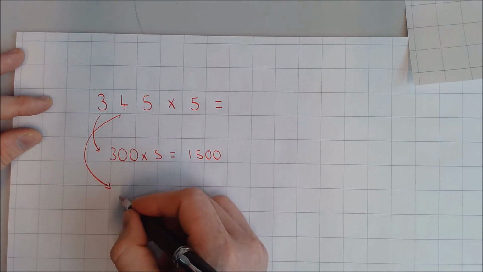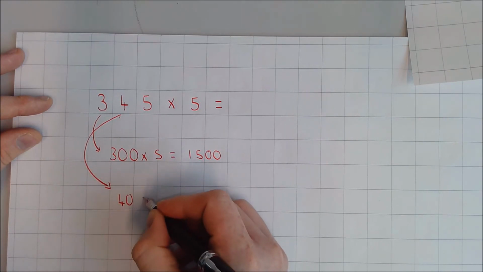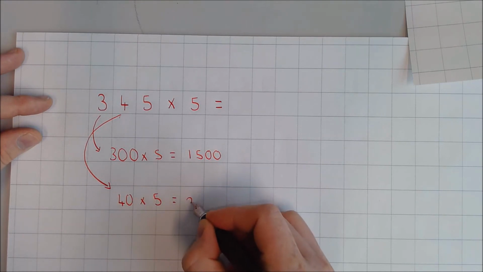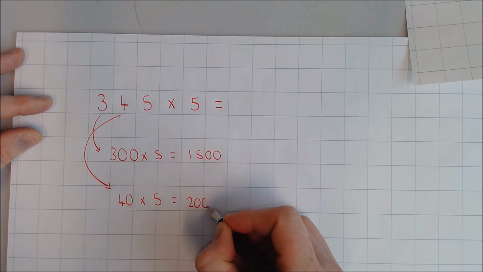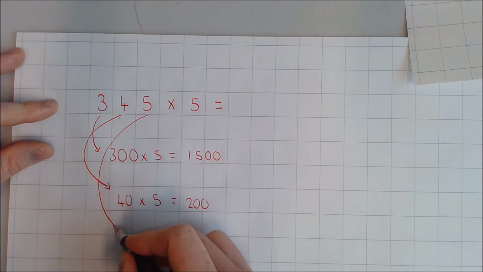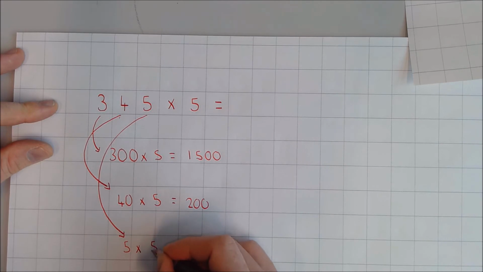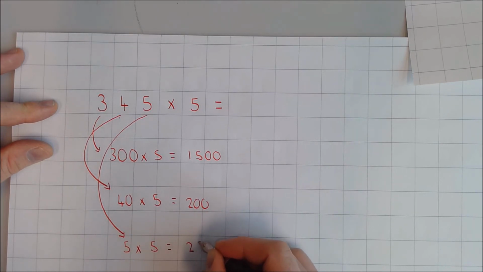That 4 represents 40. 40 times 5 is 200. And then this 5 is 5 ones. 5 times 5 is 25.